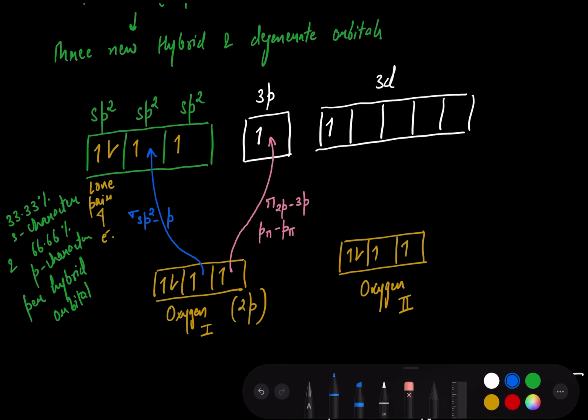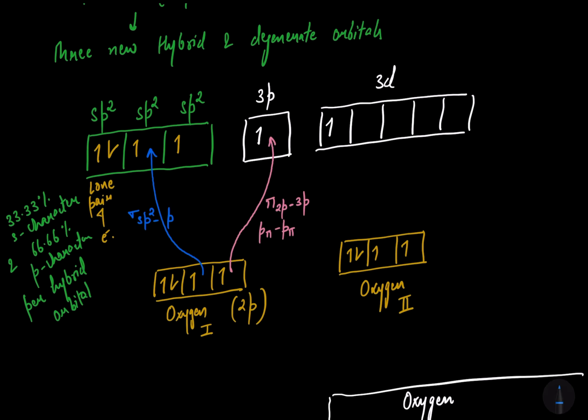Now here also, one of the 2p orbitals of oxygen will have head-on overlap with the sp2 hybrid orbital of sulfur, forming the sigma bond, and this sigma bond has been formed by the head-on overlap between the sp2 hybrid orbital of sulfur with the p orbital of oxygen number 2.